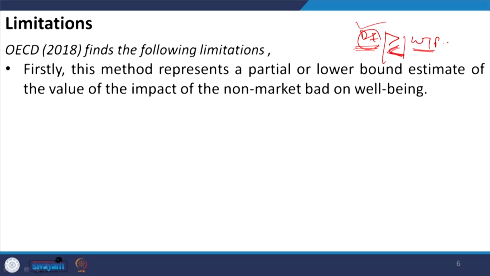So, that means these mechanisms of valuing the impact of non-market bad on the individual's well-being are actually representing some partial phenomenon, partial thing. It is not completely giving the picture, or completely estimating the value that the individual is actually putting for the non-market bad.